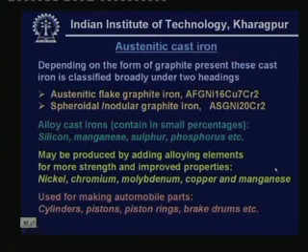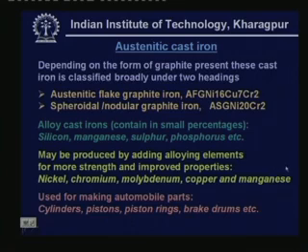Similarly, for spheroidal nodular graphite iron, A is austenitic spheroidal graphite having nickel 20, chromium 2; it is chromium 0.2%, not 20, and nickel 2%.